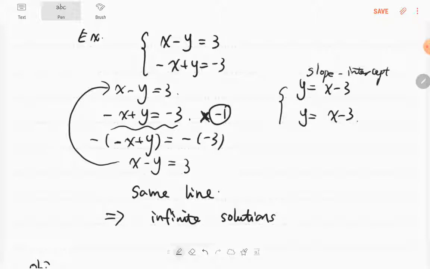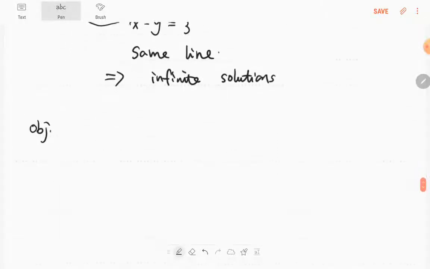If we change them to the slope-intercept form and realize they have the same slope and the same intercept, which means they are exactly the same, then they are just the same line. All the points on this line will be the solution. So they have infinite solutions.